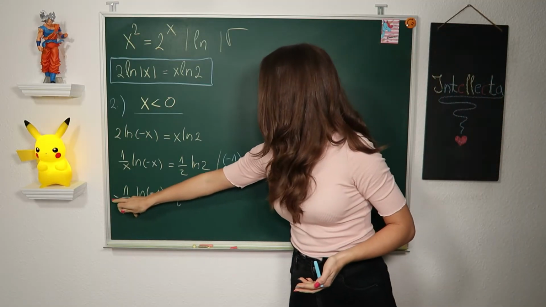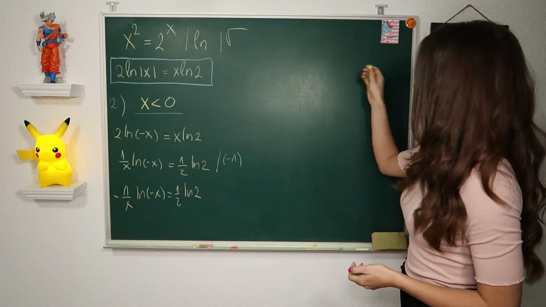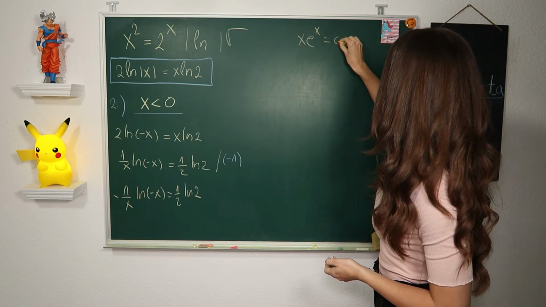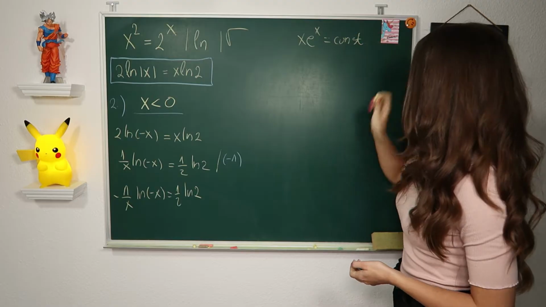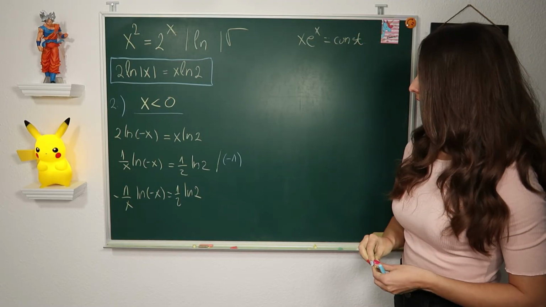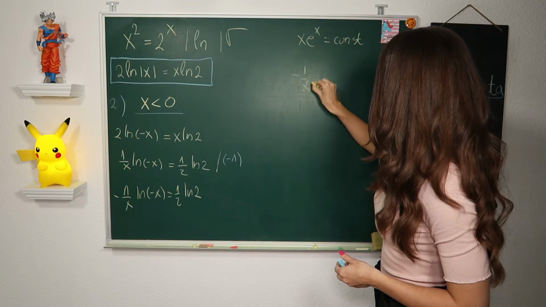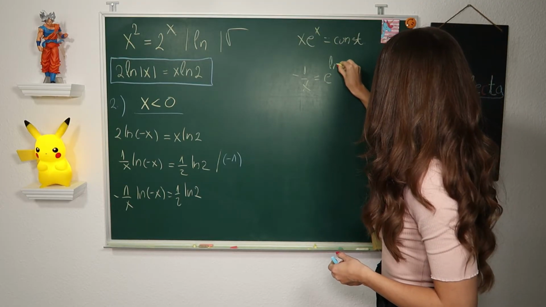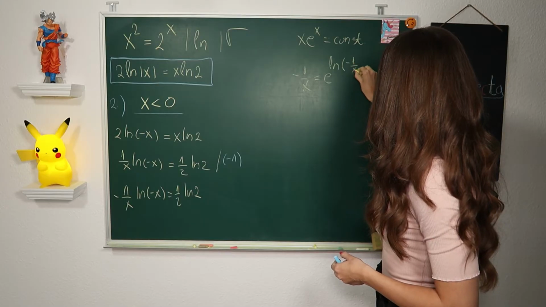Now let's rewrite this negative 1 over x in order to have our e, because we want to have this expression x e to the x is equal to some constant. So we want to have this e, and that's why we have 1 over x is equal to e raised to the ln of negative 1 over x.